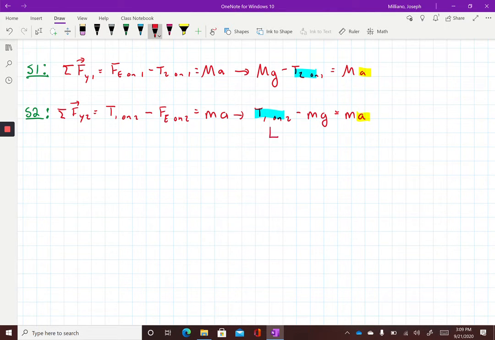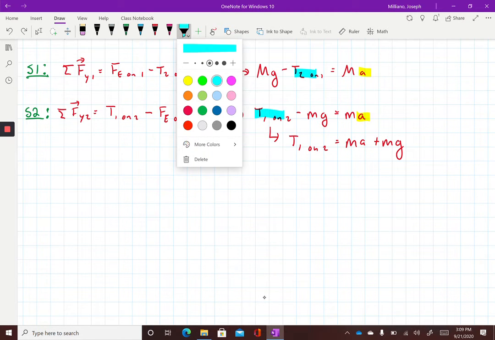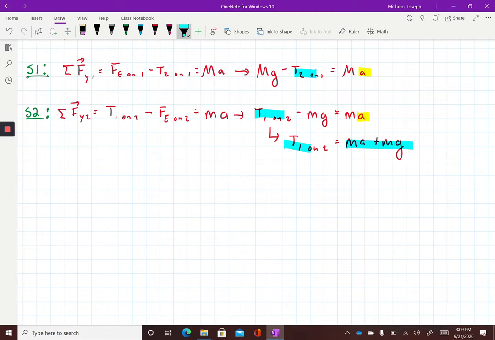This equation becomes T1 on 2 is equal to little m times a plus little m times g, adding this mg over to the other side of the equal sign. Now this expression we said is equal to this tension. So we can plug in ma plus mg for tension 2 in that first equation, which is what we're going to do now.